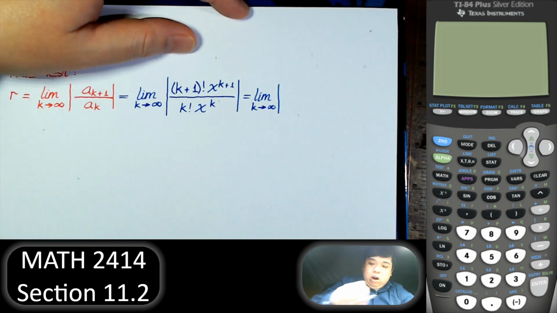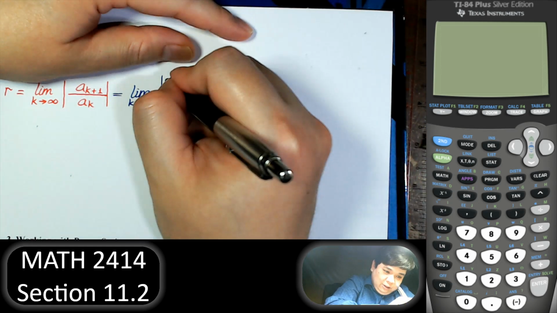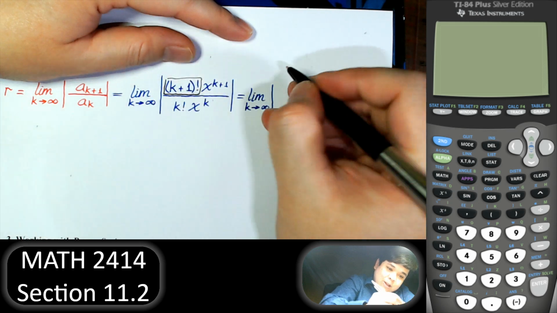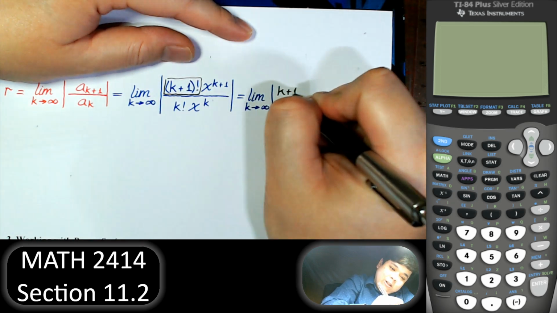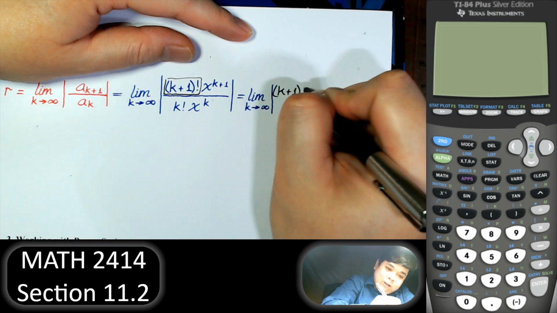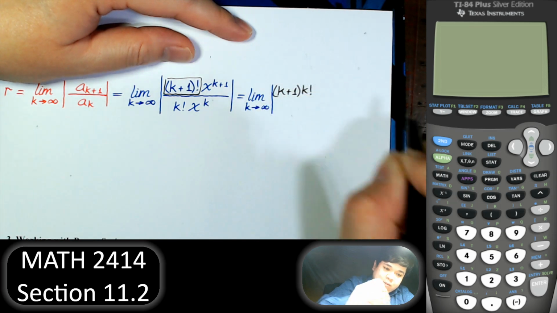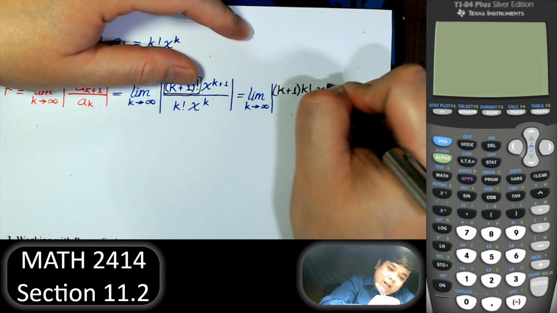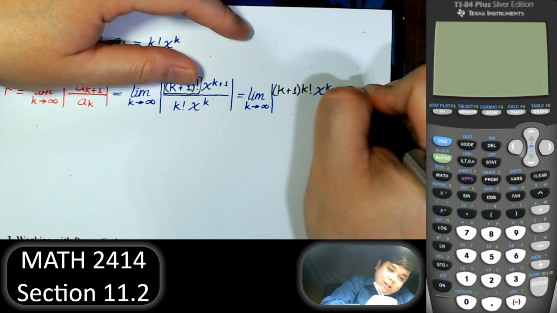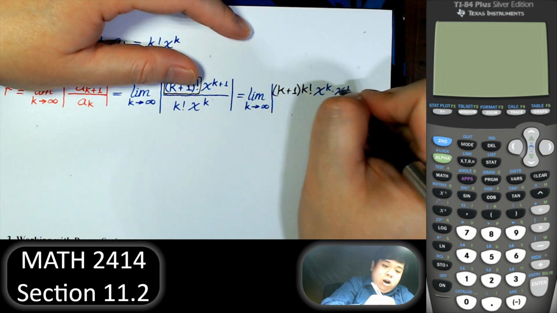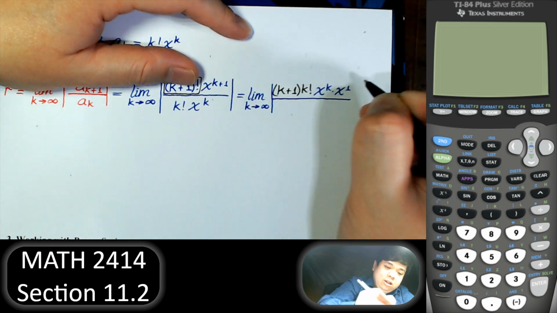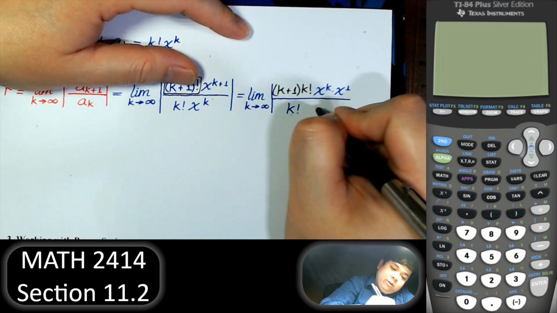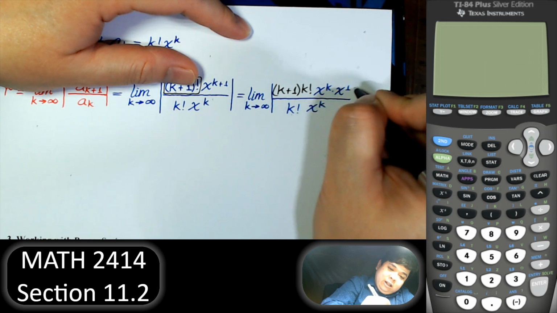Right, k plus 1 factorial is k plus 1 times k factorial. X to the k plus 1 is x to the k, x to the first. When we multiply them, we combine the exponents over k factorial x to the k.